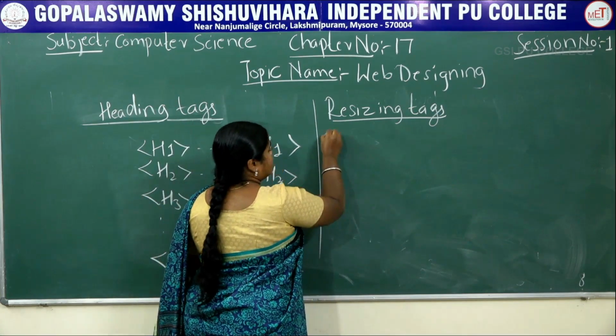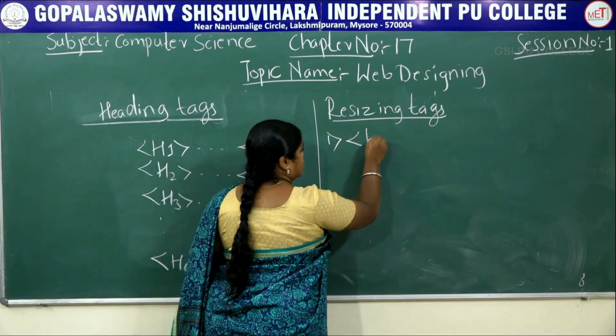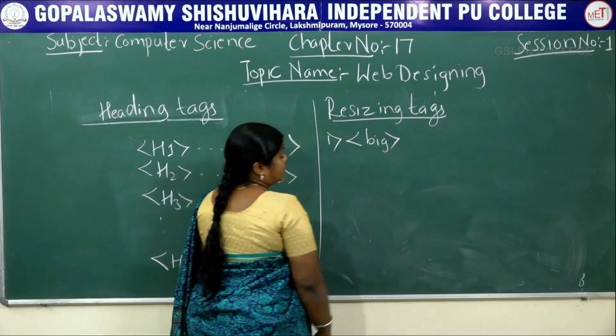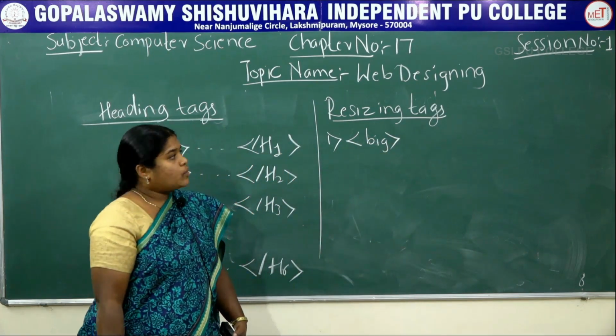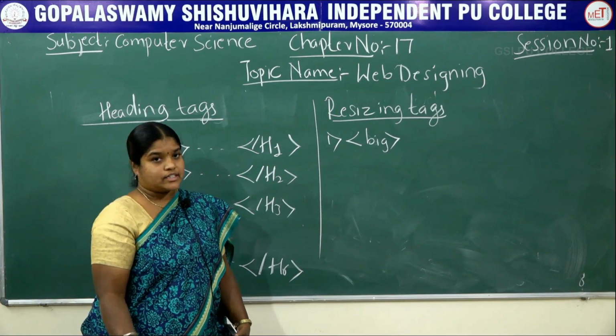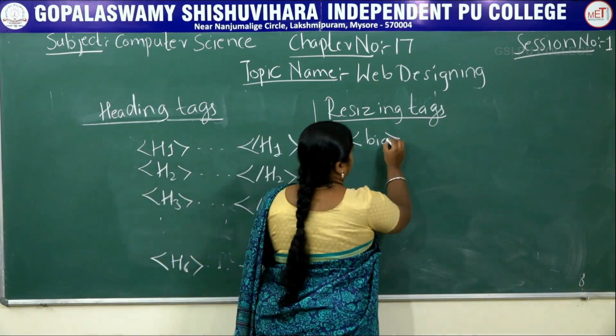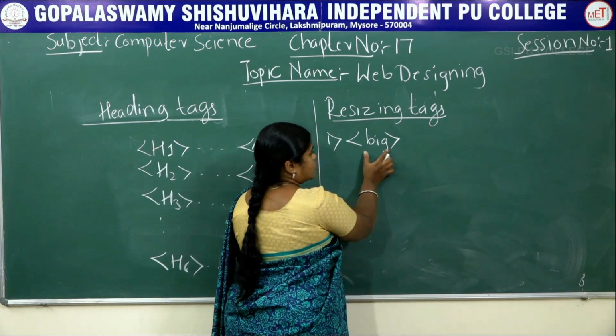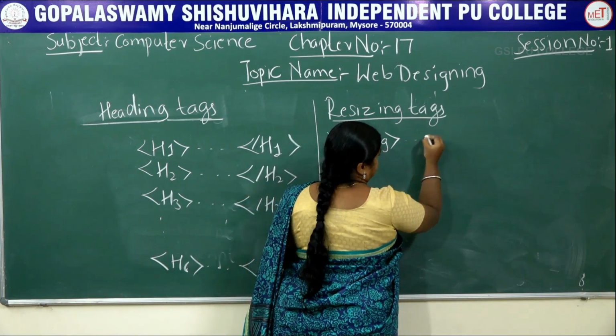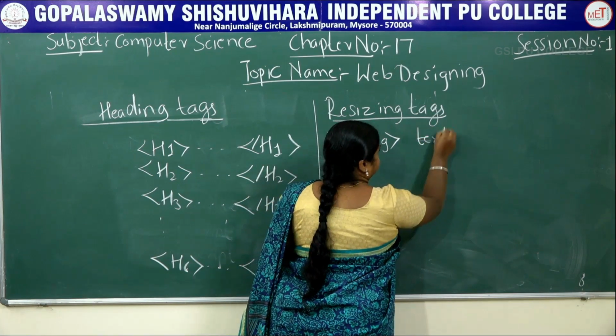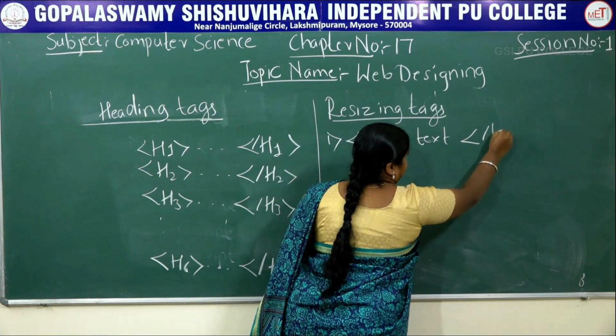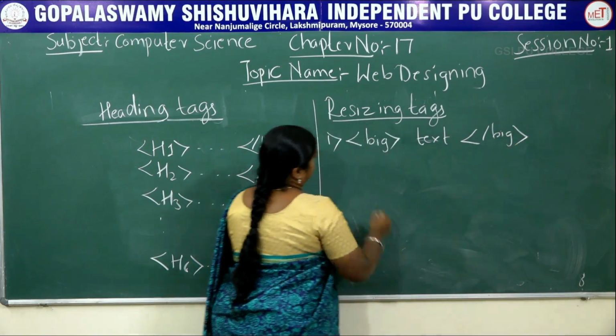Let's see them one by one. The first one we are going to study is the big tag. The big tag will increase the size of the text by 1. How are we going to use this tag? This is the opening tag. Here we will specify some text, and then finally we close that tag.